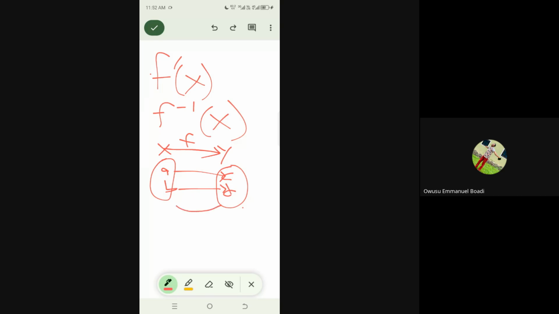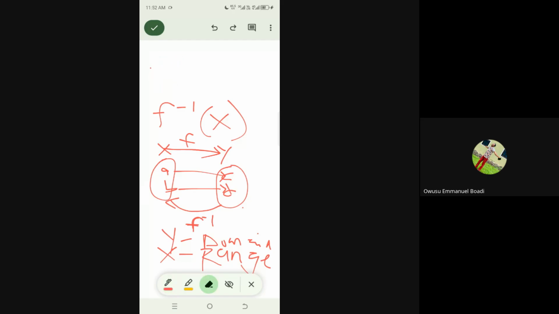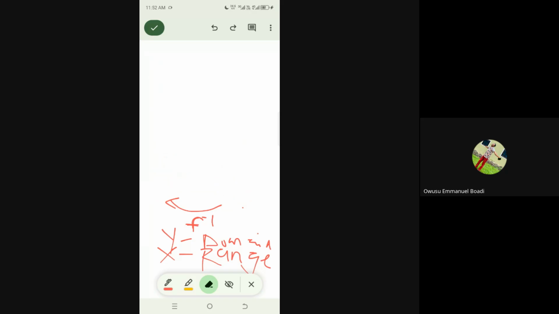So if you are finding the inverse, f inverse, now y becomes the domain and x becomes your range. Yes, so that is it. But we will solve examples so you understand it better.